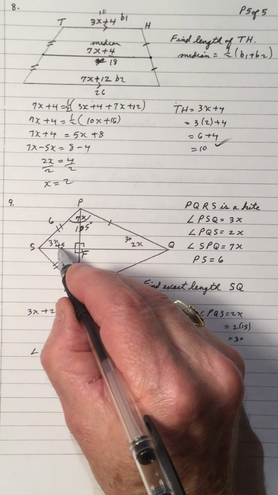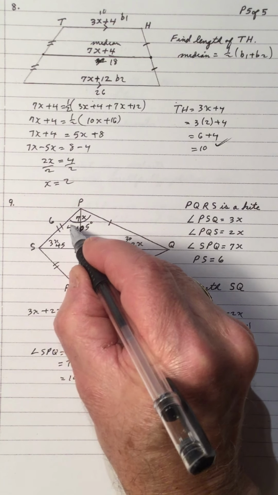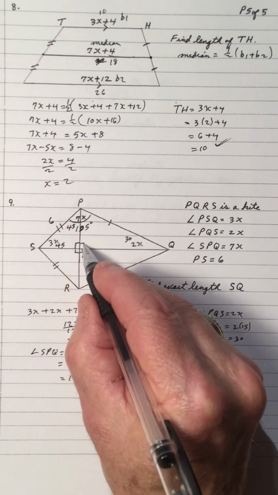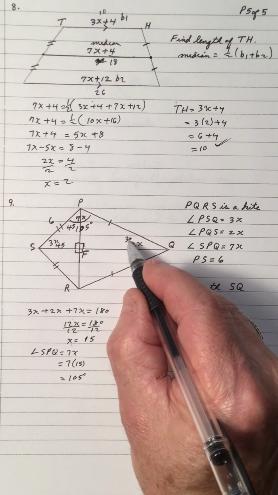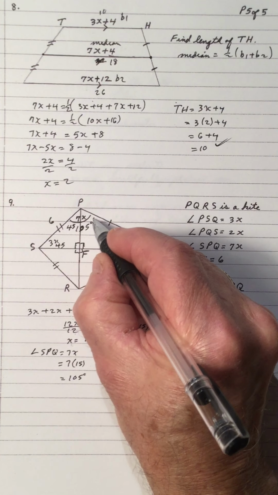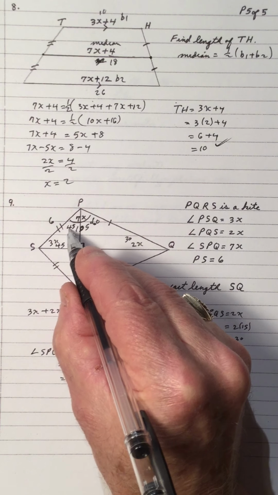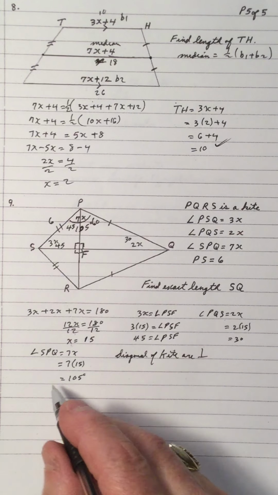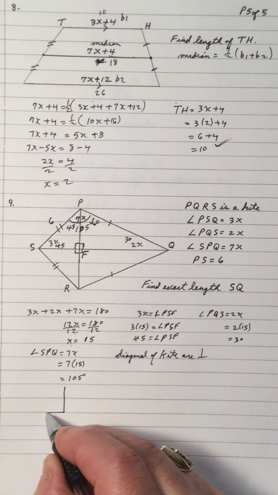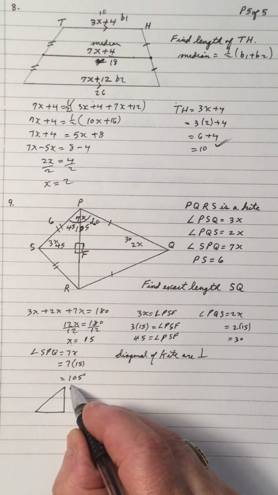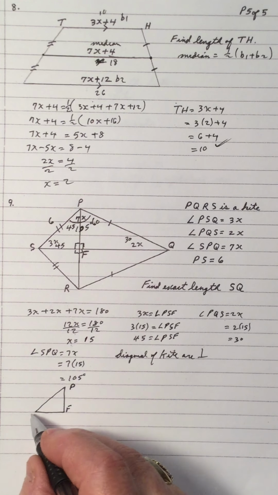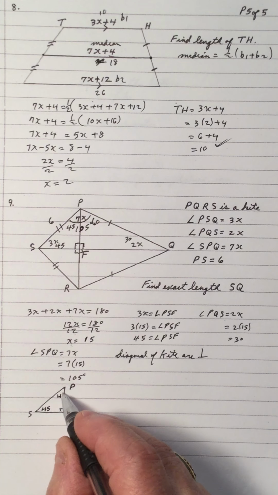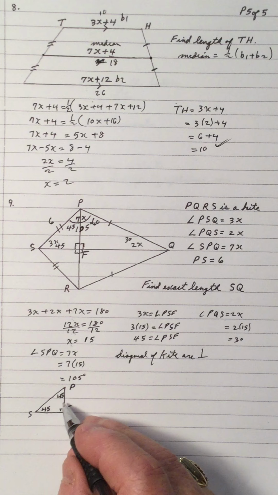Notice now that we have 45, 90, so this angle here is 45, because 45, 45, and 90 make 180, and that's a 90, and that's a 30, so that's 120, so this angle right here is 60, so 45 and 60 makes 105. So what we have is that I have a triangle which is P, F, S, 90, 45, 45. Notice I have a special right triangle.